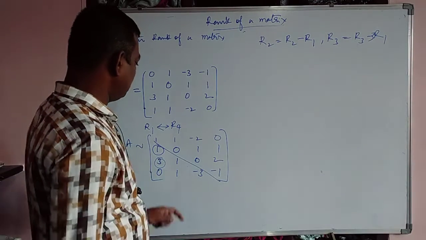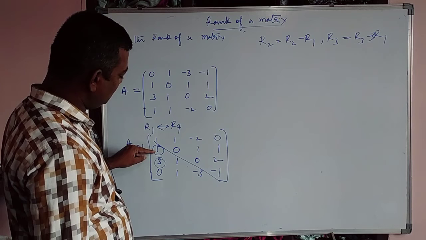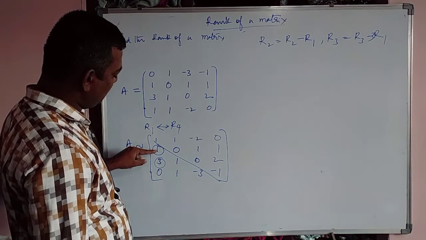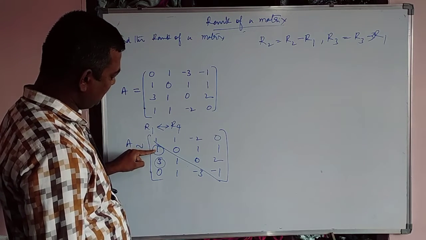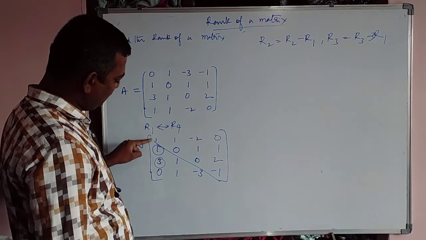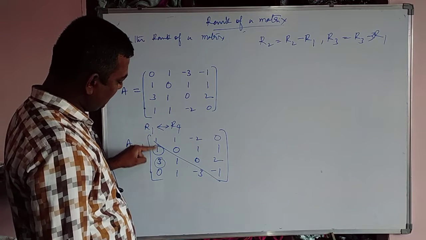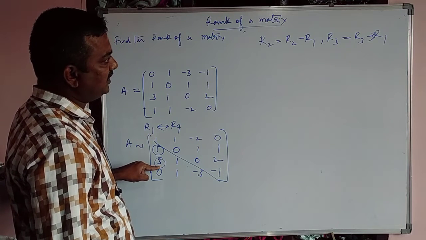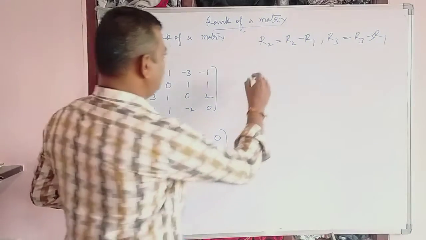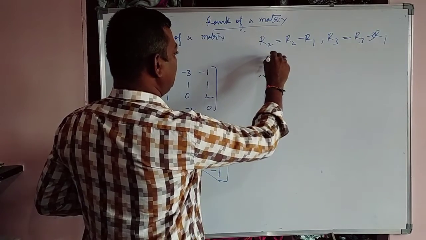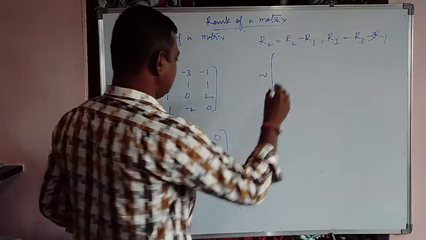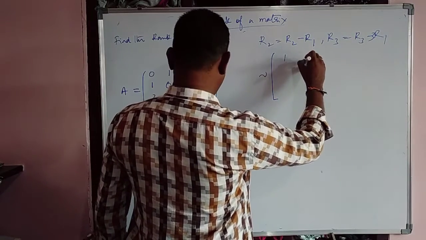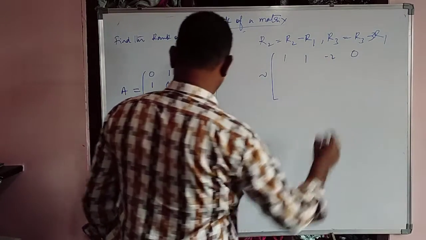Okay, fine, students. R2 is R2 minus R1, it will become 0. For R3, you multiply R1 by 3 and take the minus sign. So it is very simple. First I am writing the first row as it is: 1, 1, minus 2, 0.